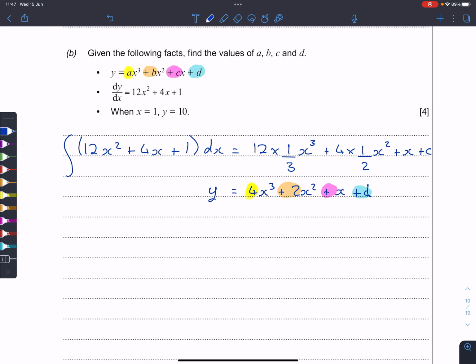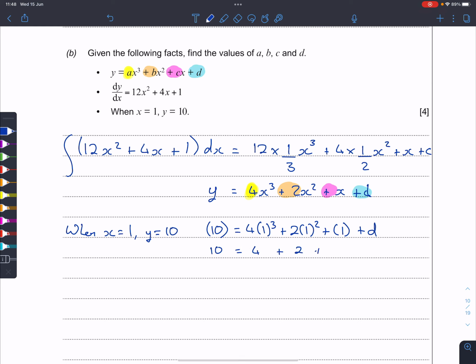So I can say that when x is 1 and y is 10, I get 10 equals, I'll put it in brackets because it's a substitution, 4 lots of 1 cubed plus 2 lots of 1 squared plus 1 plus this d, which is the only thing I don't know. So that becomes 10 equals 4 plus 2 plus 1 plus d.